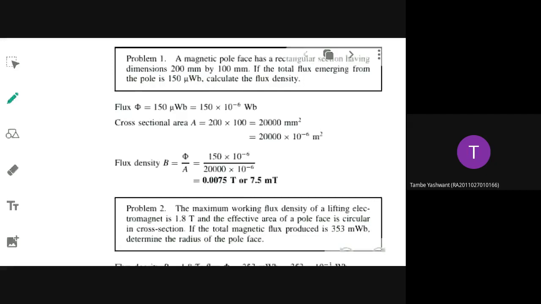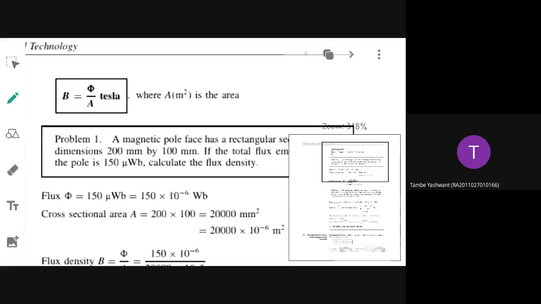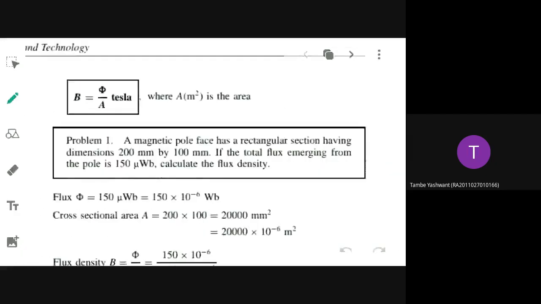One problem I am telling you. What is being asked in the problem? There is a magnetic pole face of rectangular section having dimensions 200 mm by 500 mm. Using this you can calculate the area.